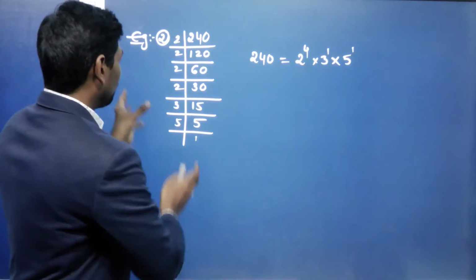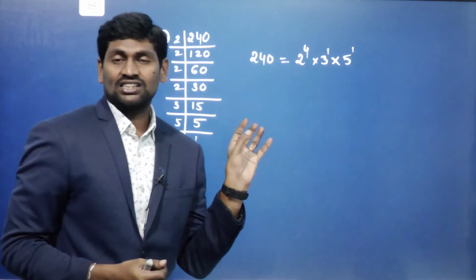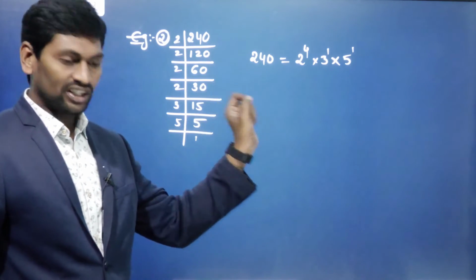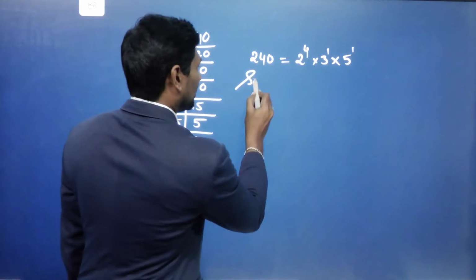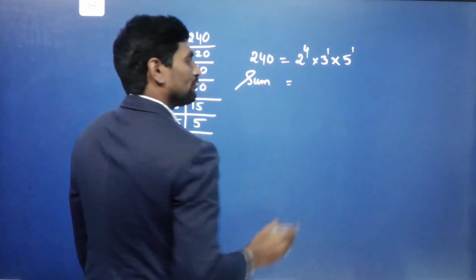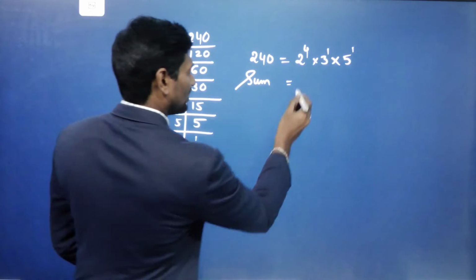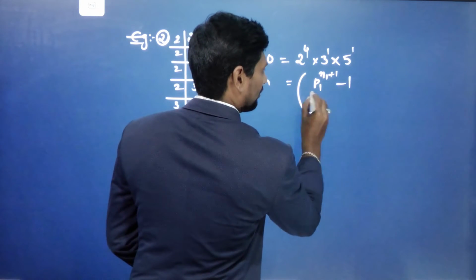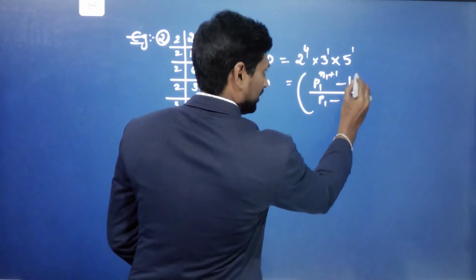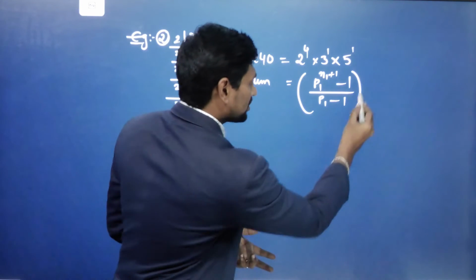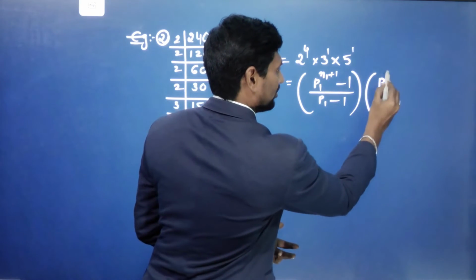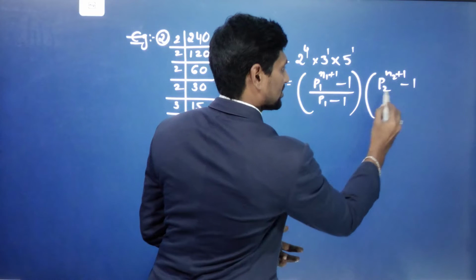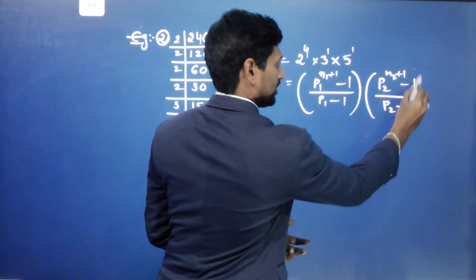So first of all we found the prime factorization of the composite number 240, and we should use the sum of divisors formula, that is P1 power N1 plus 1 minus 1 by P1 minus 1, next P2 power N2 plus 1 minus 1 by P2 minus 1.